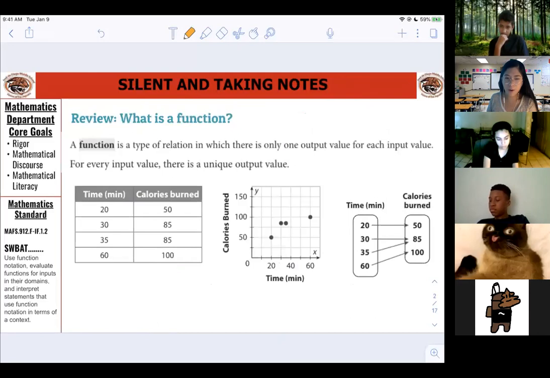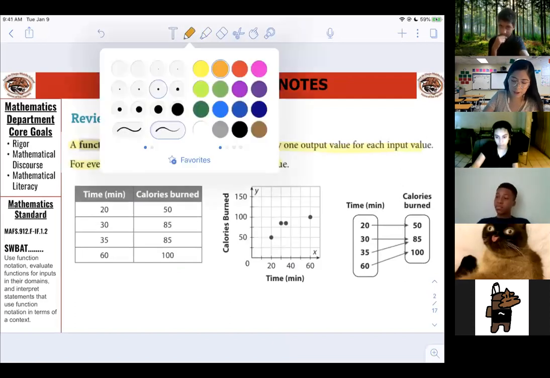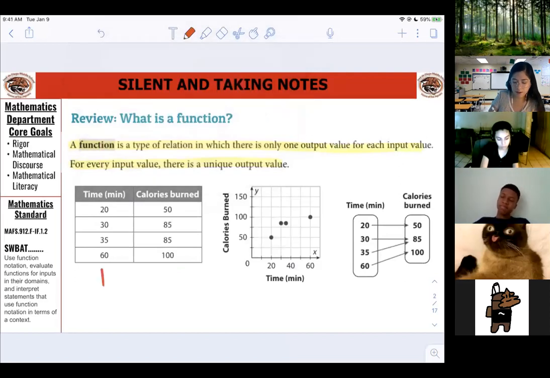So quick review, you don't need to write this down, but just a review of what is a function. A function is a type of relation in which there is only one output value for each input value. For every input value, there is a unique output value. We went over this yesterday, so I'm just going to talk right through it. On a table, if it's a function, there are no repeating inputs.